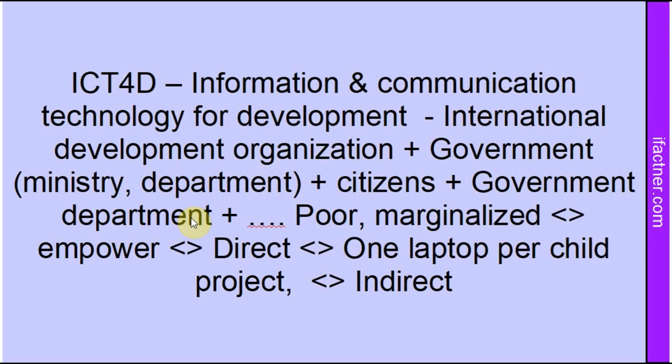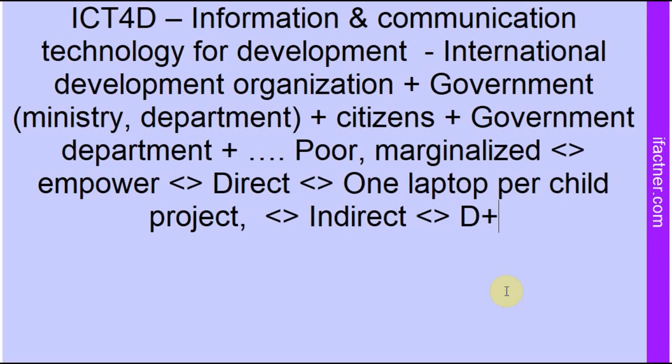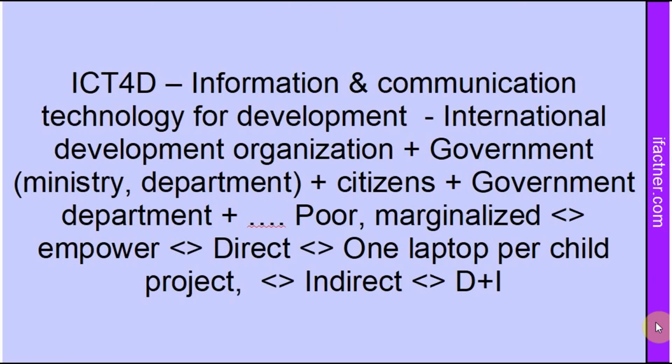The third approach is the direct plus indirect approach. In this approach, we give something directly to the citizens as well as we empower or give technology to the government department.